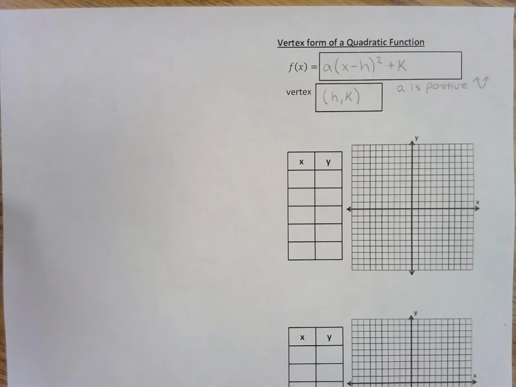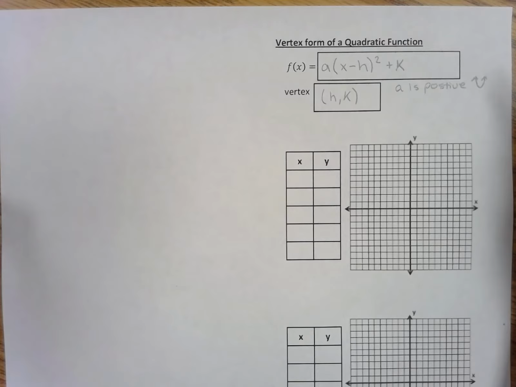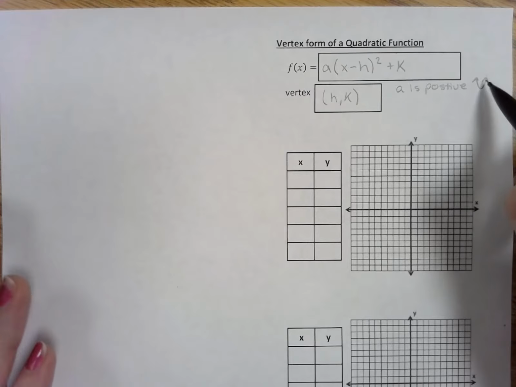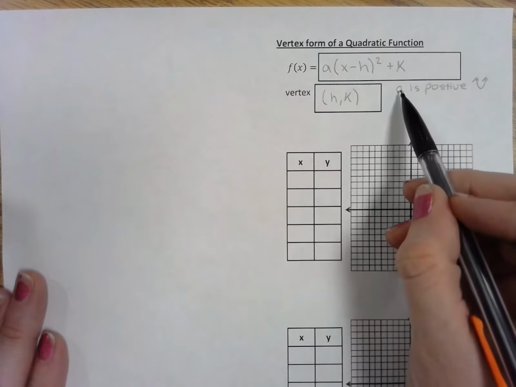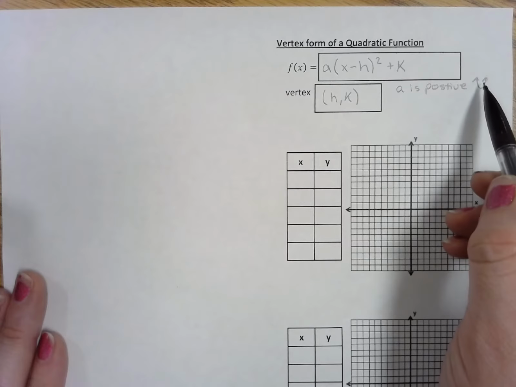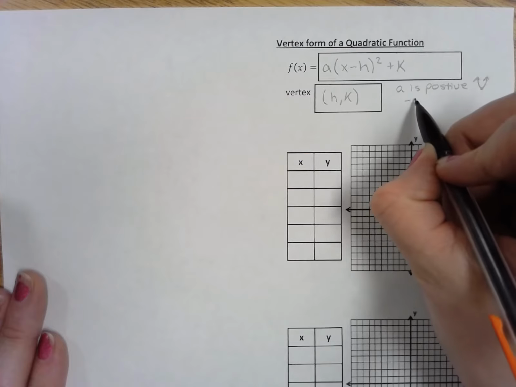If you imagine drawing the xy axes, then this graph would be pointing in the positive direction on the y-axis. So if a is positive, it points towards the positive, and that means our vertex would be a minimum.